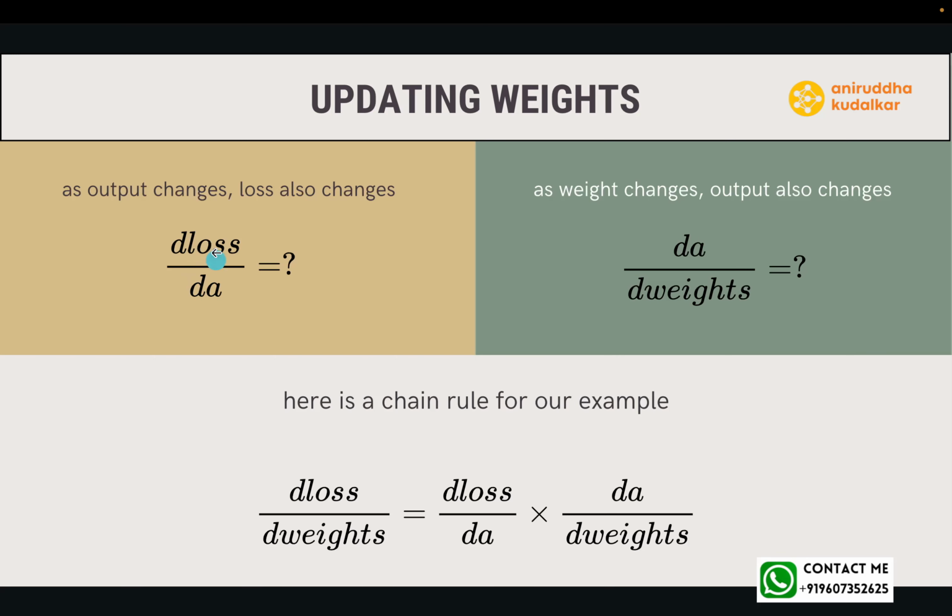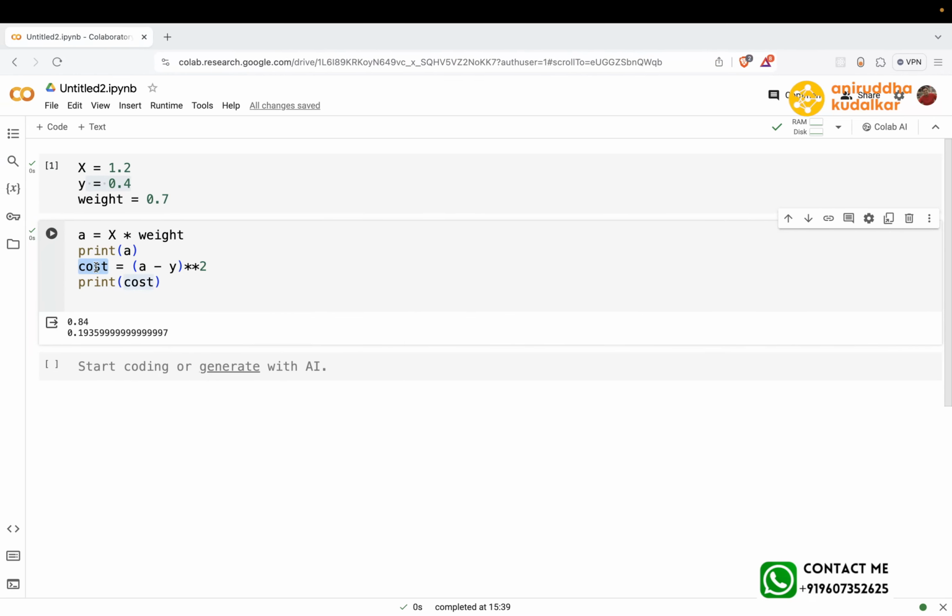The meaning of this symbol is how much the loss changes if we change the output activation. As this output activation changes, the loss also changes. So we need to find the rate of change of loss with respect to A, and that can be calculated because this cost or loss and A are directly associated.